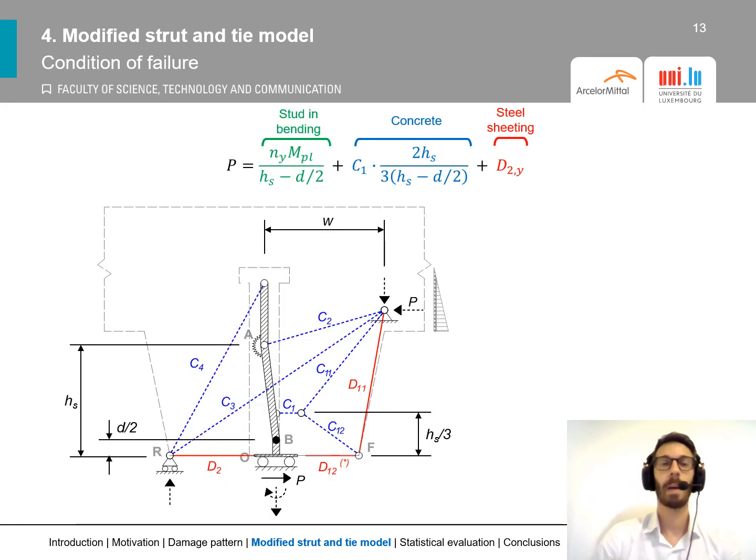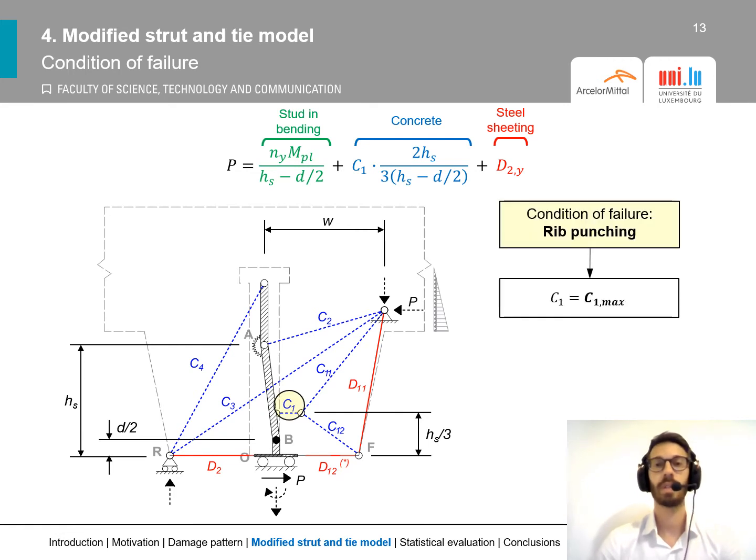So now we have all the information needed to calculate the shear load P, but we do not know the condition of failure because the system is still in equilibrium. We need to know the condition such that the system reaches its maximum capacity.